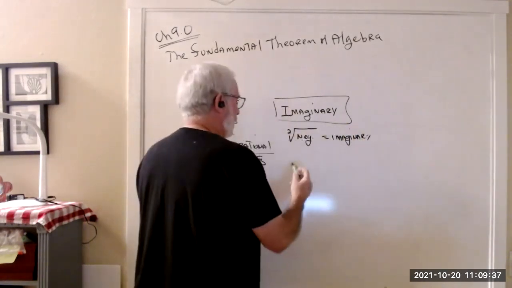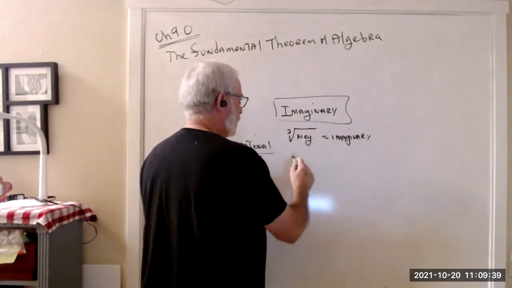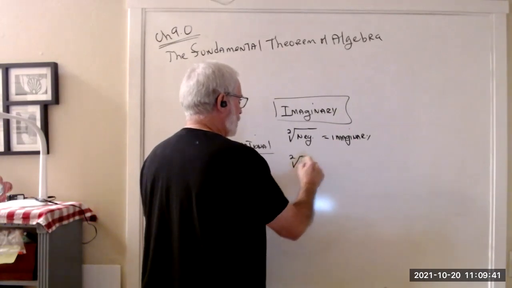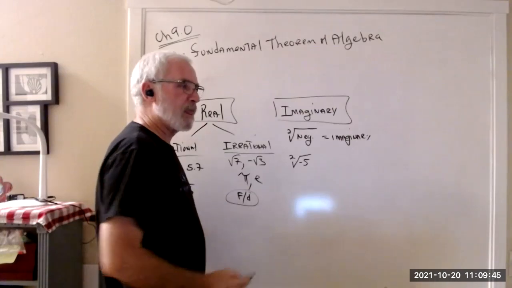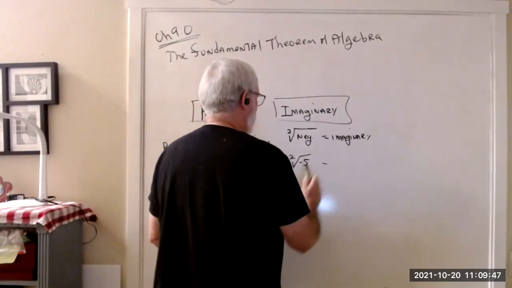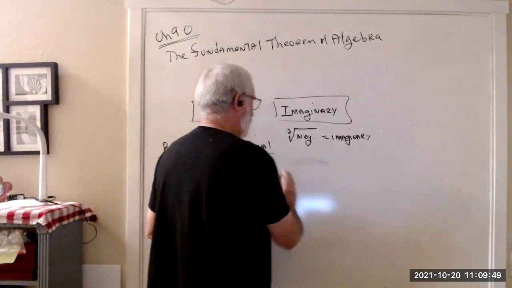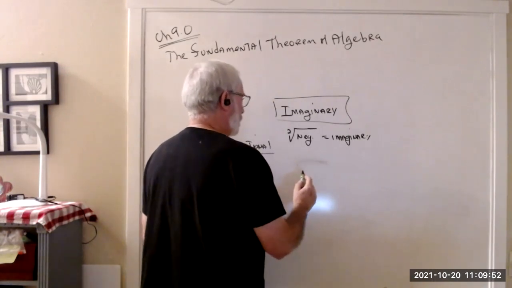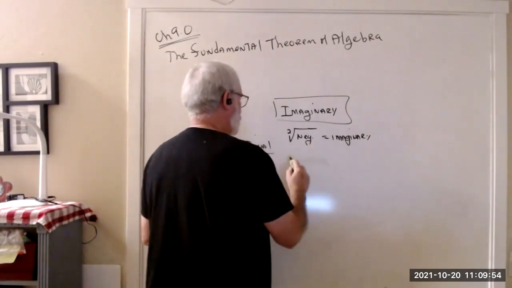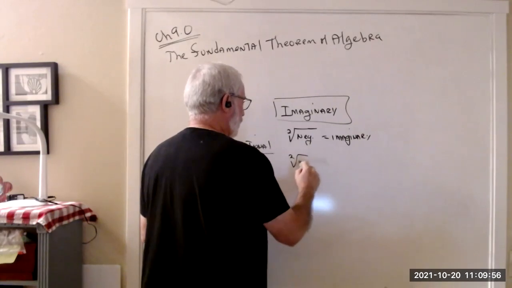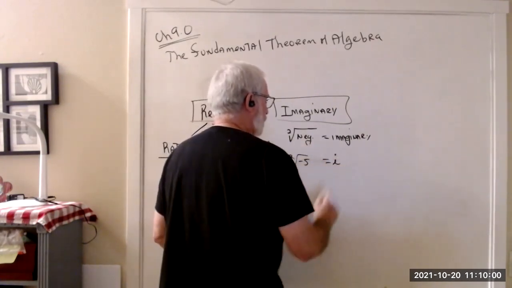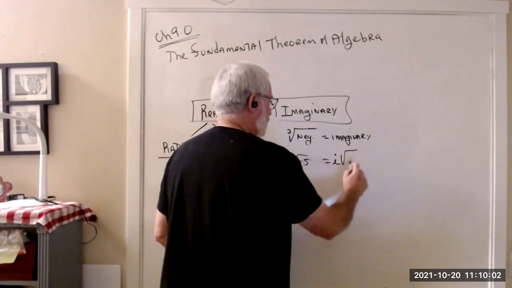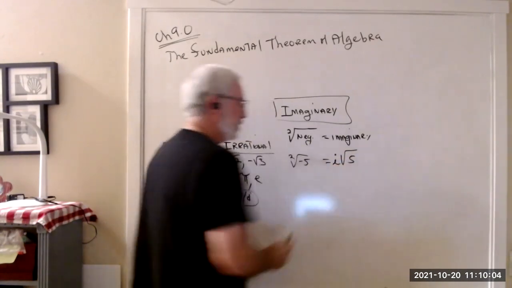So, for example, if you're doing a problem and you run across the square root of -5, we instantly take out what's called an i and call it i times the square root of regular 5.